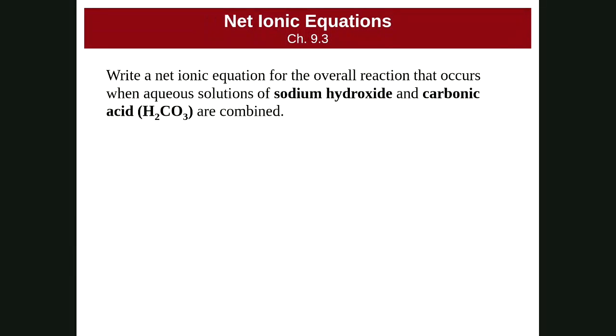All right, so let's practice. We want to write a net ionic equation for the overall reaction between sodium hydroxide and carbonic acid. So we have sodium hydroxide and carbonic acid. These are both aqueous solutions.